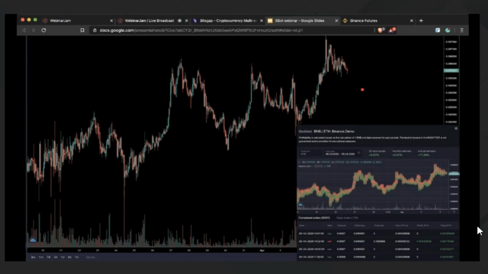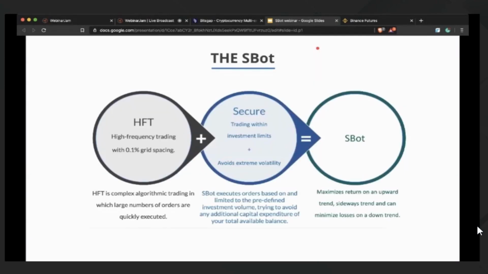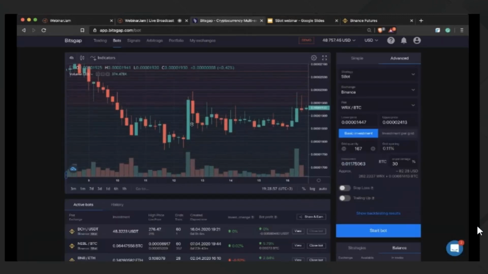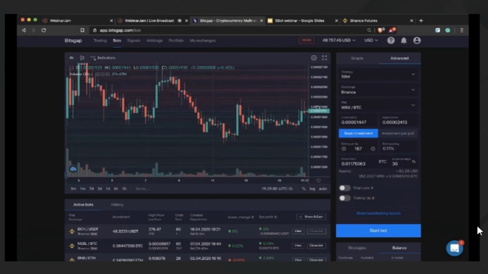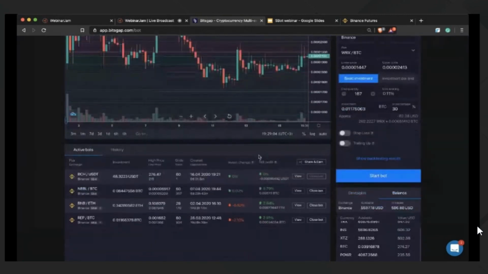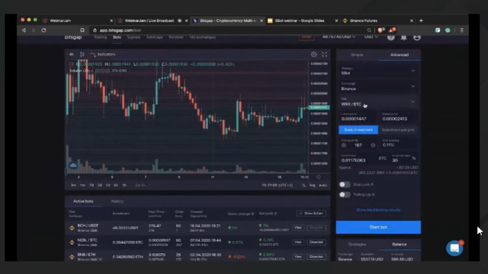So let's move on. I will show you some other things. But before we jump to the Sbot, I will show you how you can check the backtest results right here on the Bitsgap platform. Let's say you are interested in VRX trading to BTC.